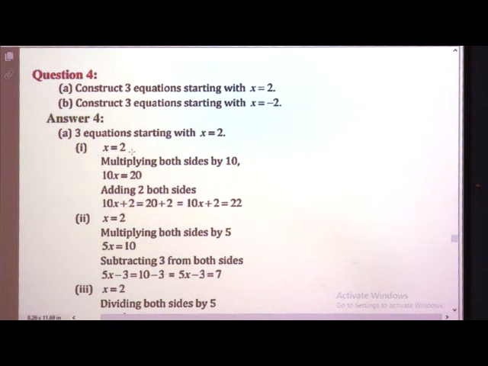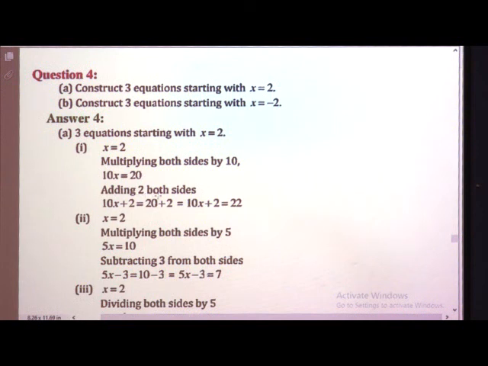So, x is equal to 2, multiplying both sides by 10. Now we have to form an equation. The value of x is already given to us. Multiplying 10 on both sides, here will be 10x, and here multiplied by 10 it is 20. 10x is equal to 20.